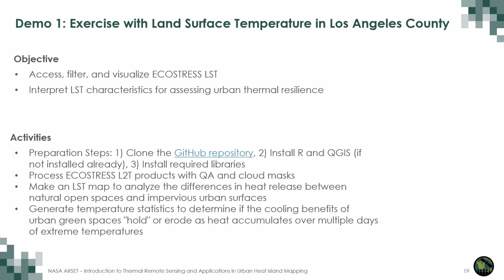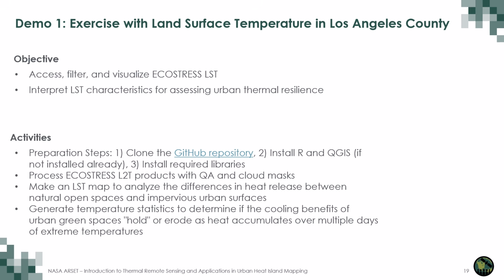The two objectives for this demo are to access, filter, and visualize ECOSTRESS LST data using AppEEARS, QGIS, and R, and also to interpret LST characteristics for assessing urban thermal resilience. The activities for this demo include the following.